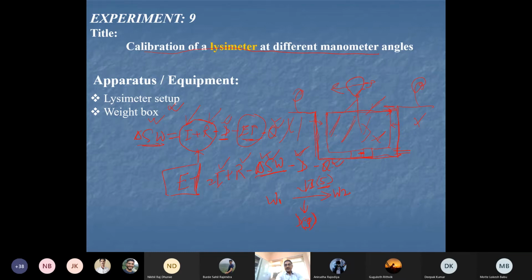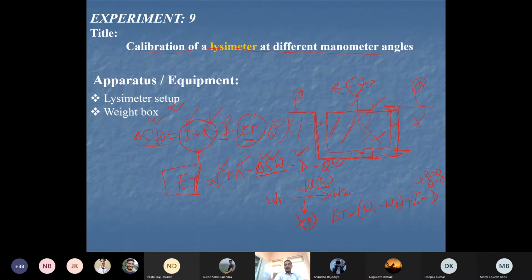So what will be ET here? ET is simply the change in weight, W1 minus W2, whether it is positive or negative, plus the addition, that is I, minus D. Basically, rainfall is 0 and runoff is as well 0.